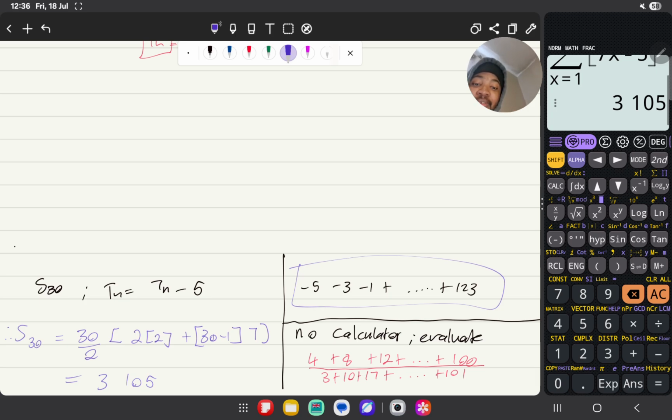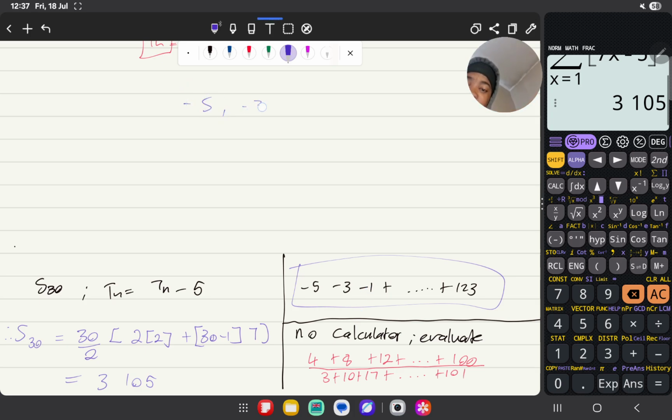So to get the value of that, we know this is arithmetic, so Sn equals the formula you use, n divided by 2, right, and then a plus l. First of all, of course, you need to know how many n you have, because they didn't tell us in this case. So we will quickly find out how many terms there are here.